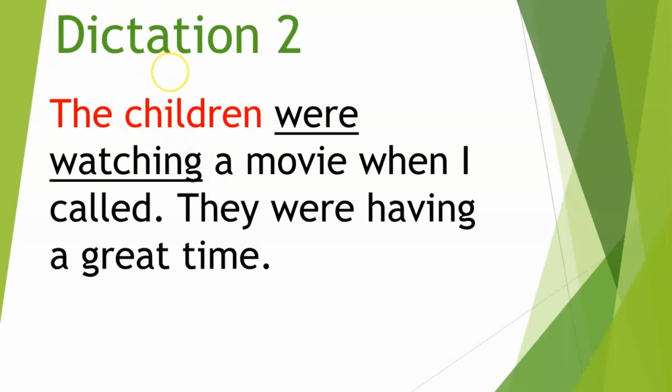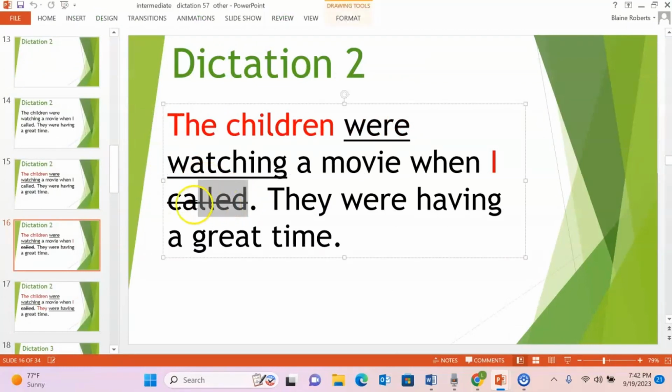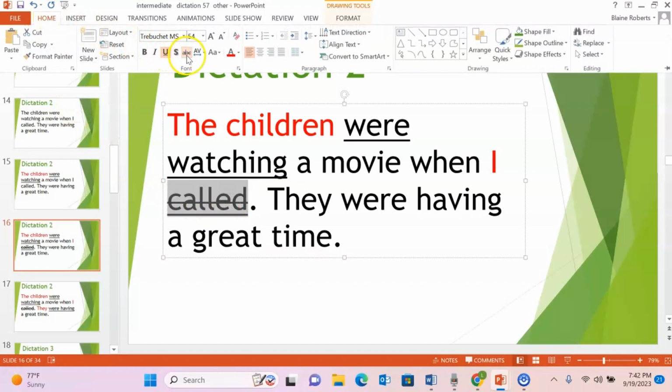Now, what about the simple past verb and the subject? So we've got the children were watching a movie, and then I called. This is the verb and the subject. I'm not sure why this got crossed out. That's an accident, so I'm just going to fix that quickly.